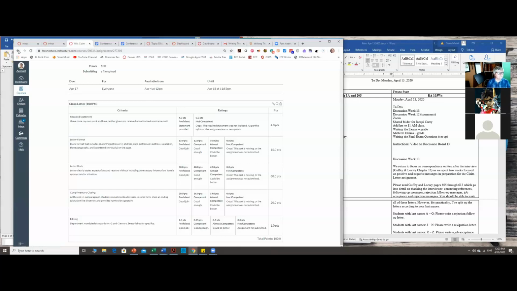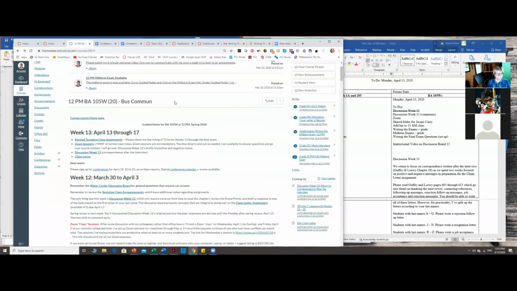Do you happen to have, or will we get, an example of the claim letter this time? No. Okay. Do you mean how to write that claim letter? An example of that claim letter? Because for other assignments that we've had, you've had examples of those specific assignments.